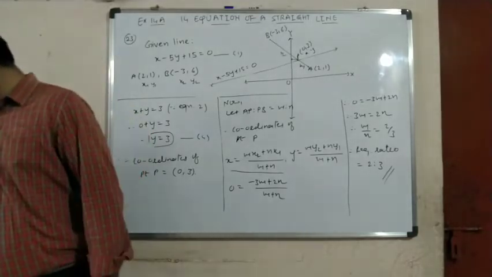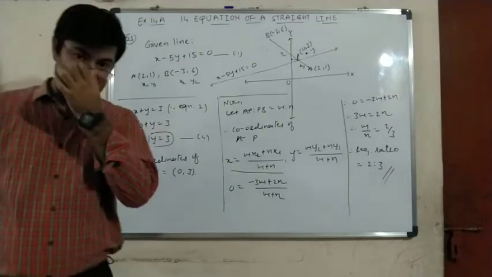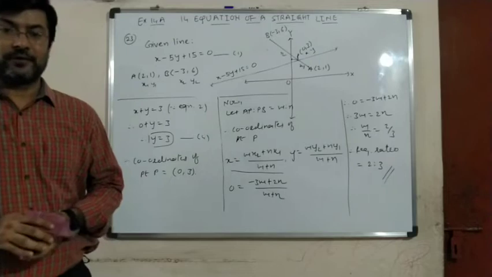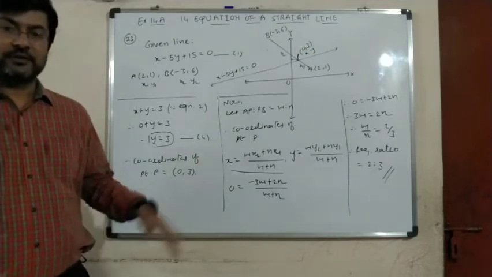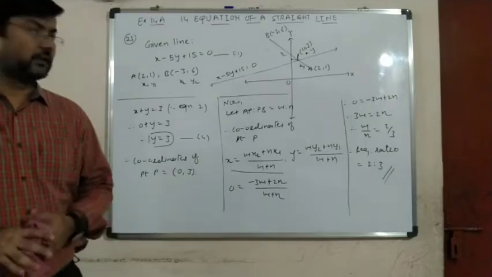Now let us start exercise 14B. The explanation has already been given in the very first video, explanation part 1. Okay, but still before starting exercise 14B, we will revise a few things.